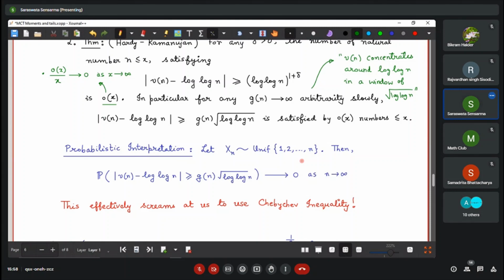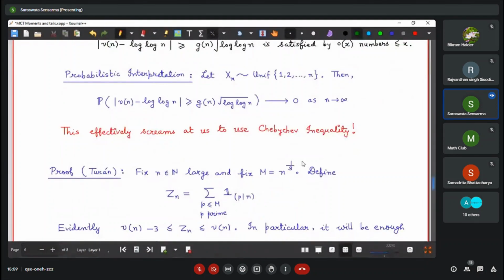So if you have Xn which is uniform from 1 to n, then just saying that the proportion of things satisfying is little o of x just says that if you have Xn which is uniform from 1 to n, then the probability of Vn minus log n being greater than or equal to Gn goes to 0 as n goes to infinity. Right? And this should scream Chebyshev's inequality to you, because this is exactly the form in which one likes to use Chebyshev's inequality.